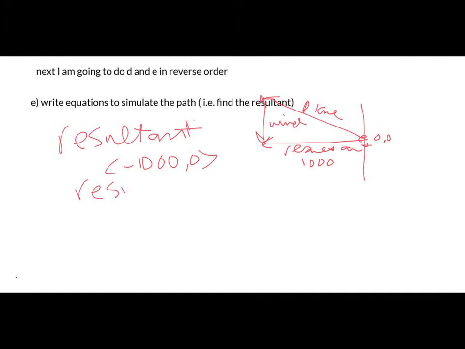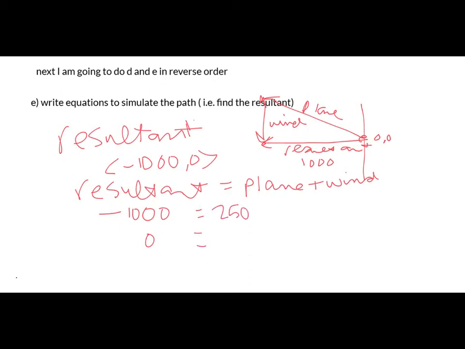So my resultant equals my plane plus my wind. And so my x value is -1,000, my y value is 0. That's for my resultant. My plane was 250 cosine theta t, 250 sine theta t. And my wind was 0t and -20t.